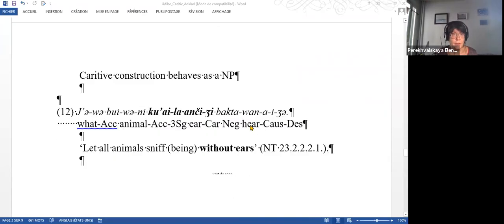So, there's some note that this caritive construction behaves as an IP. Here also, speaking of alienable or inalienable possession, we have any animal, as they have no ears, let them sniff.